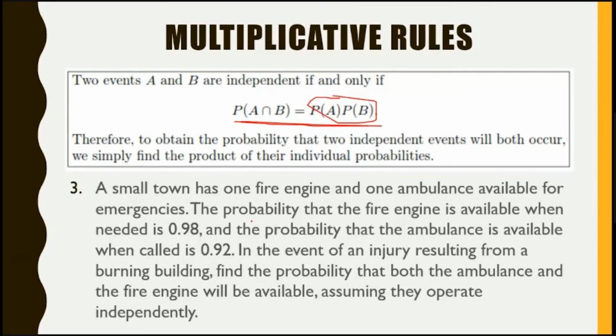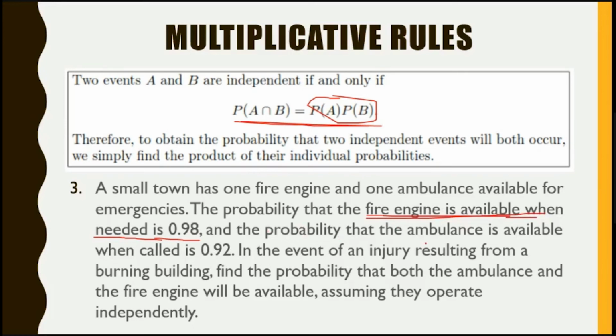A small town has one fire engine and one ambulance available for emergencies. The probability that the fire engine is available when needed is 0.98. So our first event is that the fire engine is available when needed.